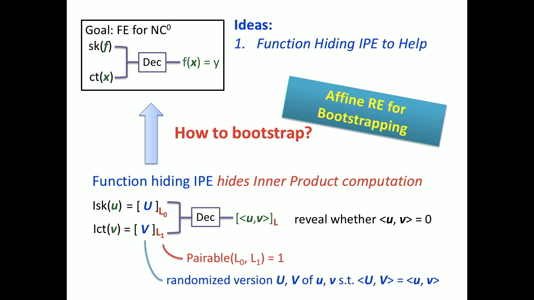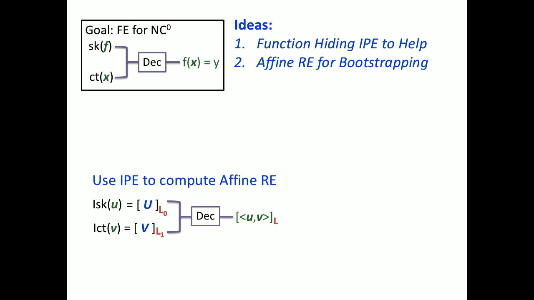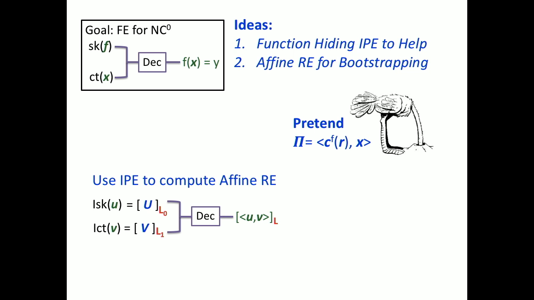Recall that randomized encoding really allows us to represent a complex computation using a simpler one. In particular, why not just use this inner product encryption to compute an affine randomized encoding? Remember that our randomized encoding can be represented as an inner product between the input and some coefficient vector, right? And in order to simplify the talk, let me play the ostrich and make a simplification, assuming our randomized encoding has only one element inside.